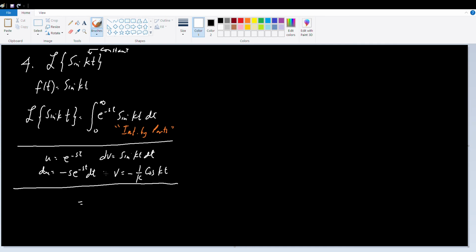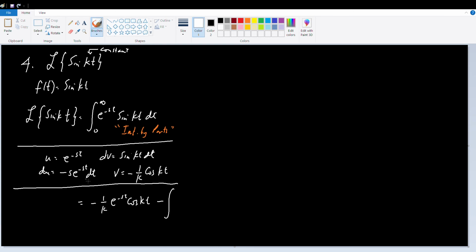So the integral of e to the negative st sine kt dt from 0 to infinity will be uv. That will be negative 1 over k e to the negative st cosine of kt minus the integral of the product with du.